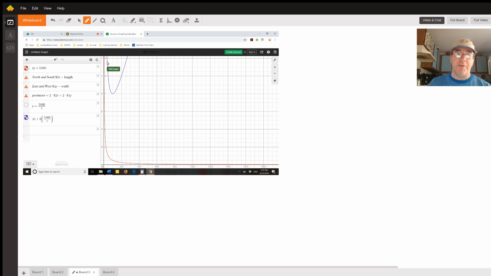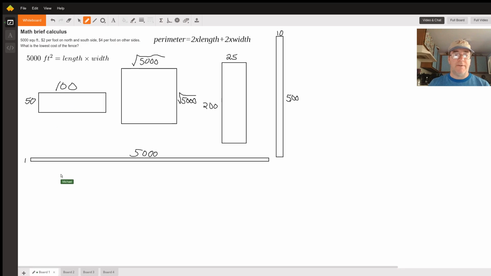No matter what the width is, I can calculate the length and find out how much it costs by multiplying the length by 4 and the width by 8. I'm going to want a fence that is longer than it is wide. So I'm going to want a fence like this, rather than a fence over here like this.